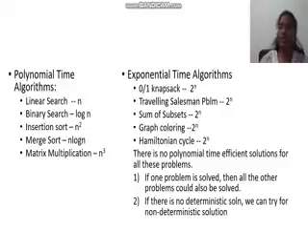First, instead of solving every problem separately, we could find an association between all these problems, and if one problem could be solved, then all the other problems can be easily solved. And the next one is, if there is no deterministic solution for these kinds of problems, then we can try for a non-deterministic solution.